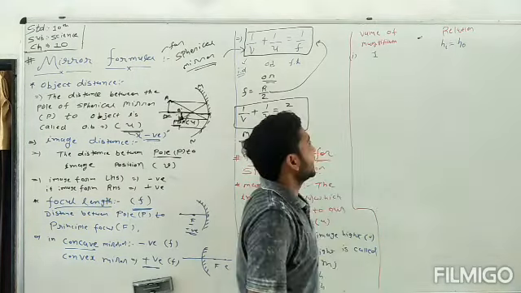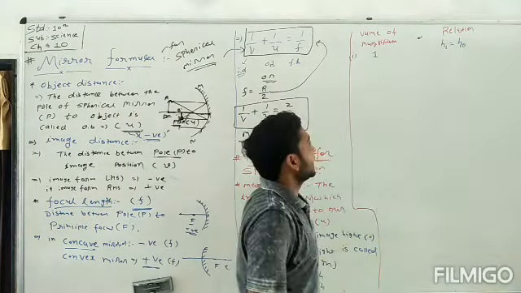In the case of magnification less than 1, the height of the image is less than the height of the object.